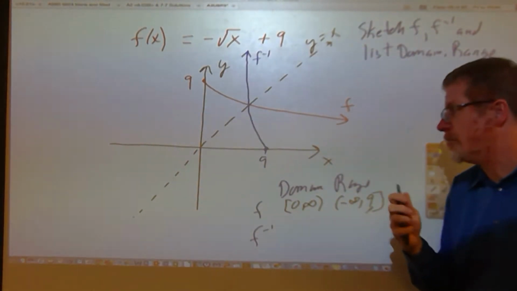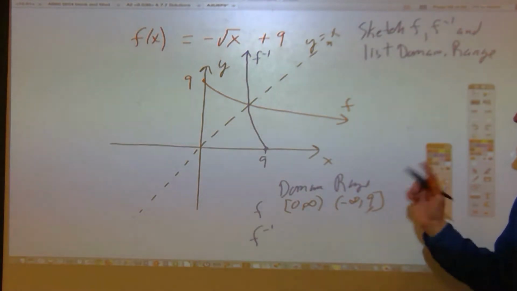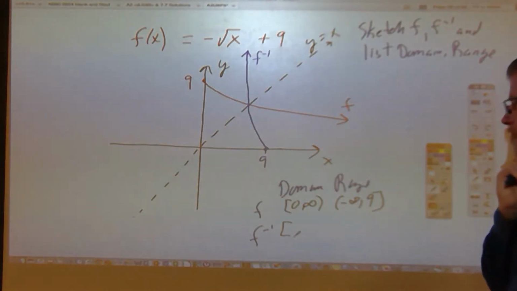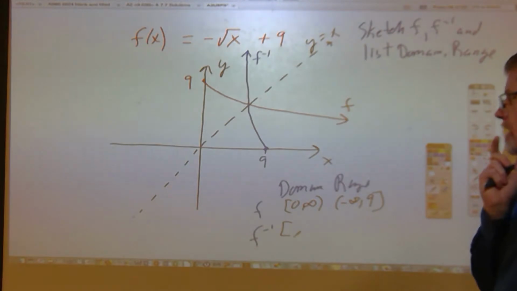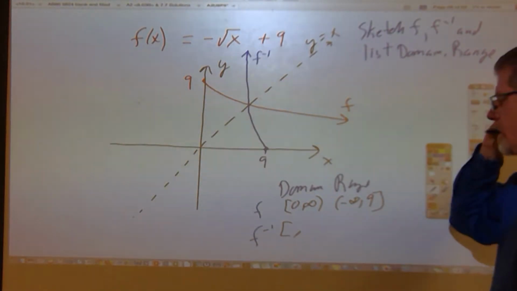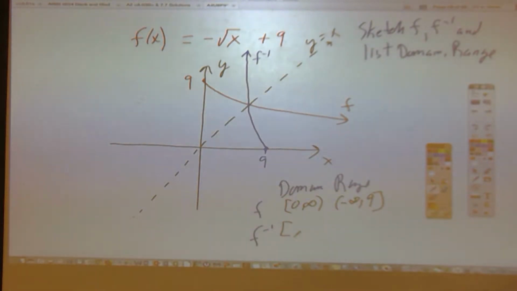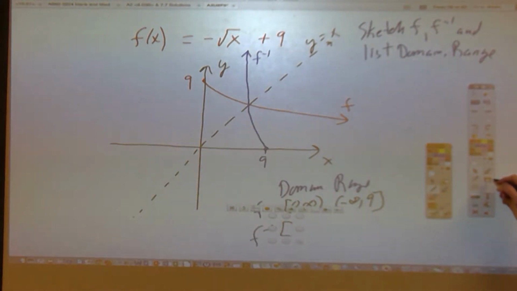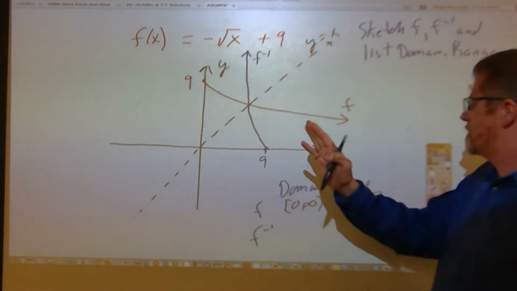So by inspecting the graph, we get 0 to infinity for the domain, negative infinity to 9 for the range. Flip them to get the inverse. Something is bothering me about this.